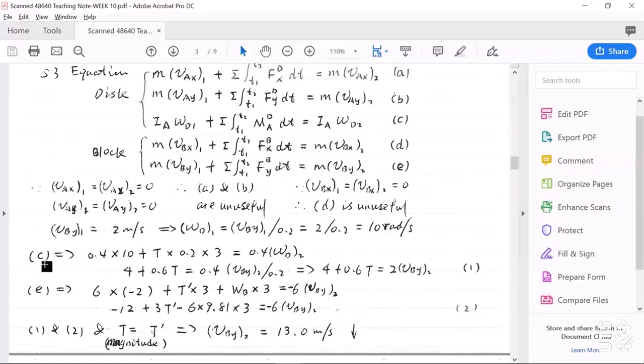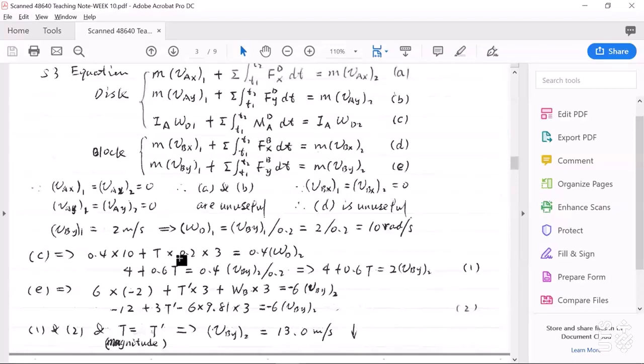For equation C, this is about angular impulse and momentum of the disk. For angular impulse, only the tension force from the cord can generate a moment.